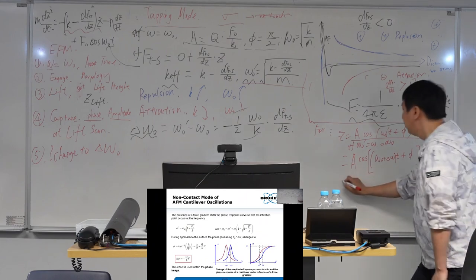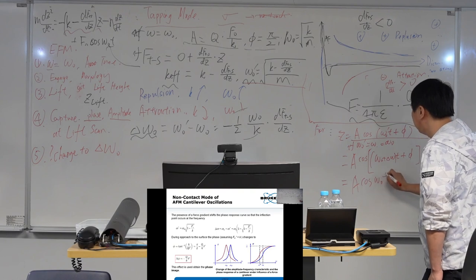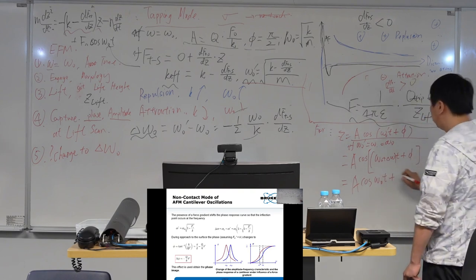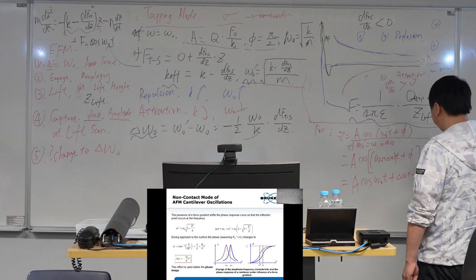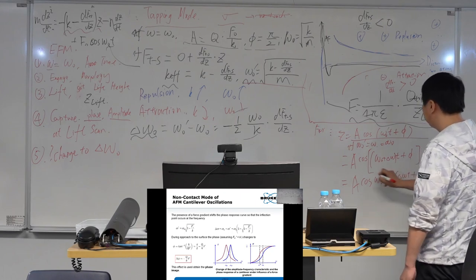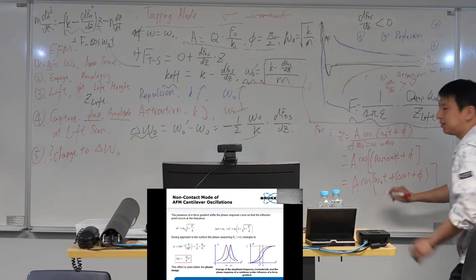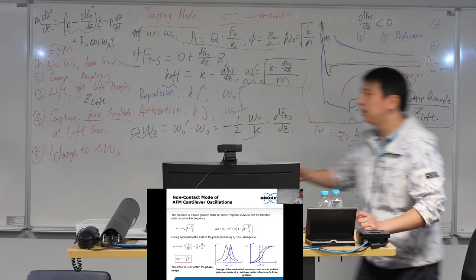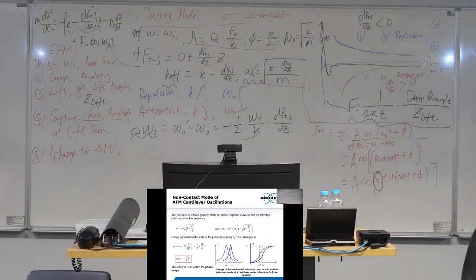And then A cosine omega 0 t plus delta omega t plus phi. So if we study the frequency at omega 0, we will sense the phase shift.